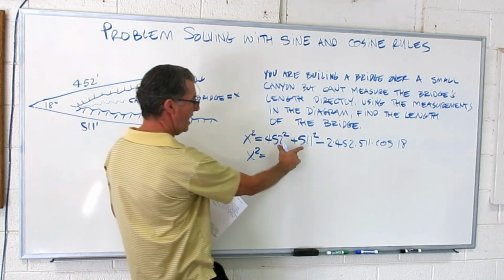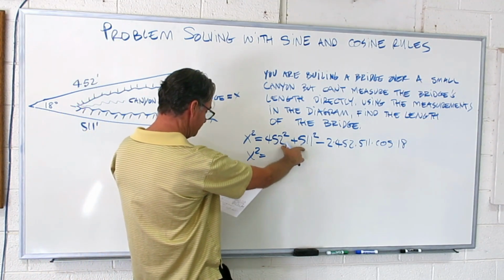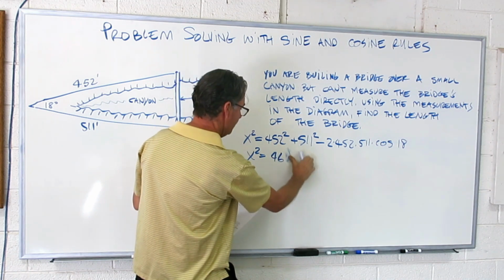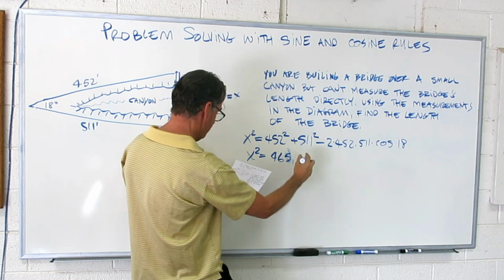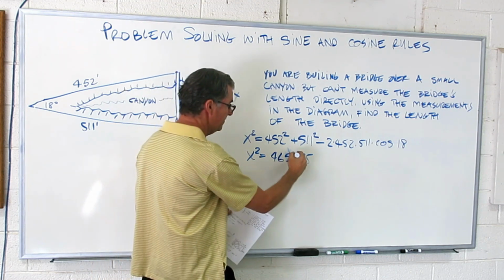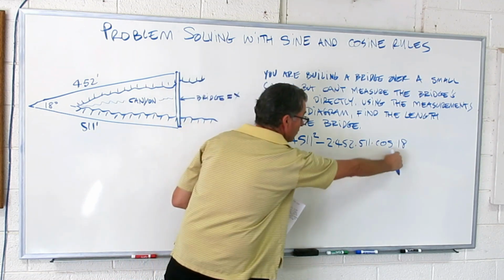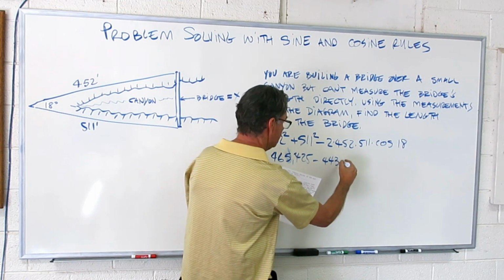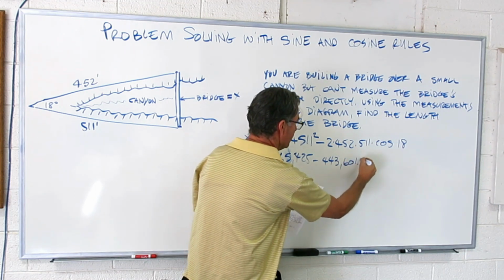I squared them and added them together, and I get this ginormous number, 565,425. Big number, but we can work with that. And then this whole thing ends up being 443,601.9.